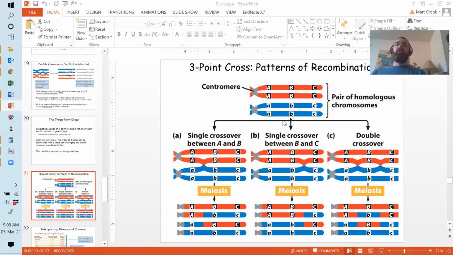So we're going to look for progeny that have this collection of alleles and have this collection of alleles, right? If linkage is occurring, which group, recombinant or non-recombinants, do you think will be most common? Which type of progeny are you going to see more of? Ones with parental chromosomes or ones with recombinant chromosomes? Parental, right?